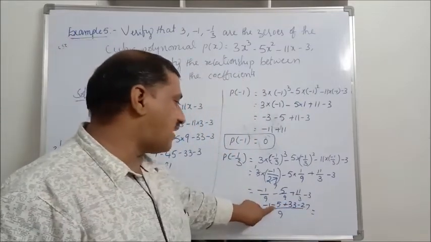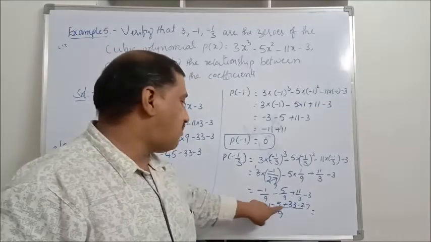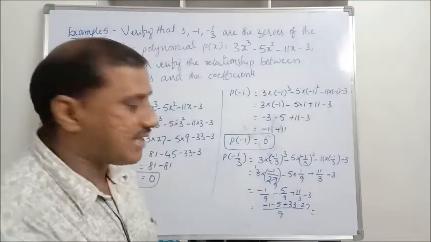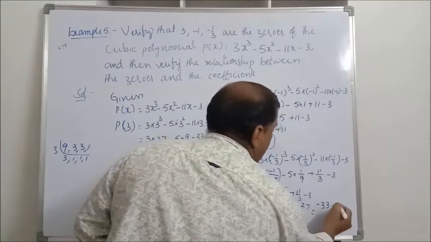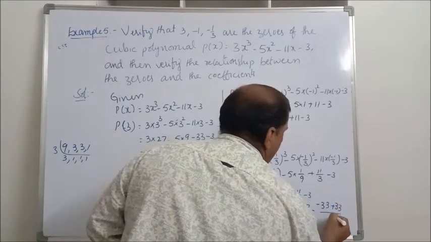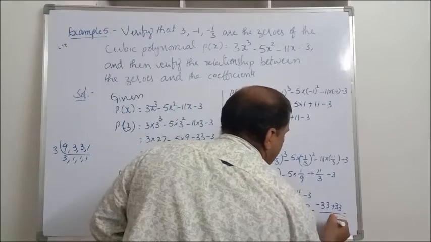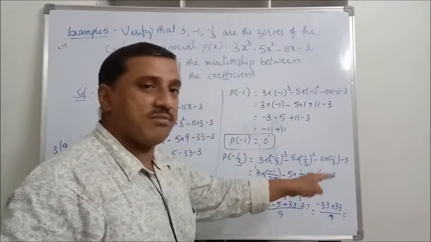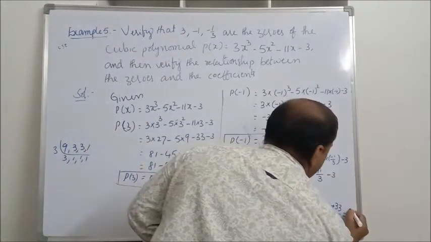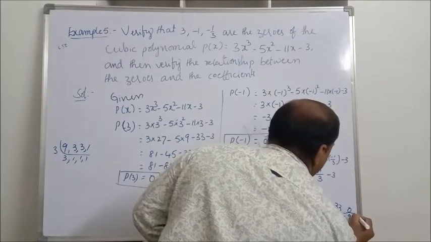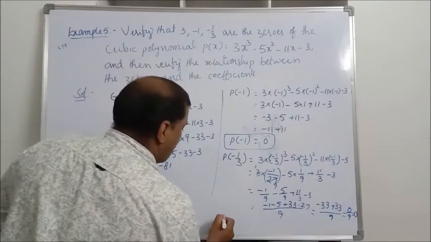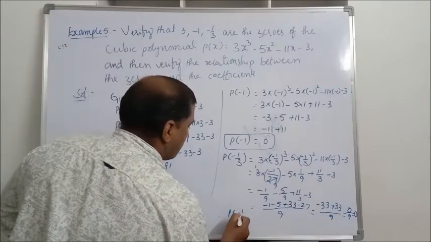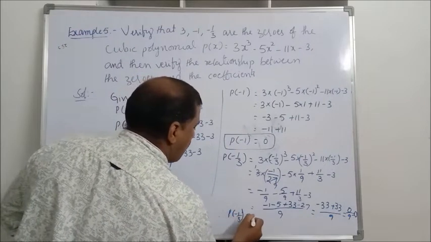Minus 1 minus 5 is minus 6, minus 6 minus 27 is minus 33, minus 33 plus 33 divided by 9. That is equal to 0 by 9, which is 0. Therefore P of minus 1 by 3 is equal to 0.